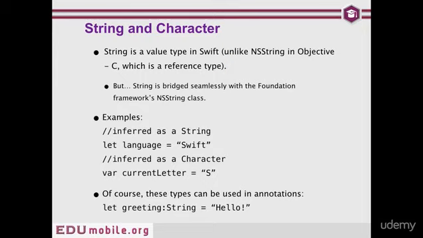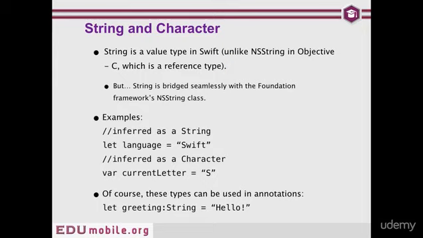But there's a distinction between these 5 types and everything else. So here's the idea also is that string in Swift is bridged seamlessly with Objective-C's NSString class. So we can transpose strings and NSStrings interchangeably.